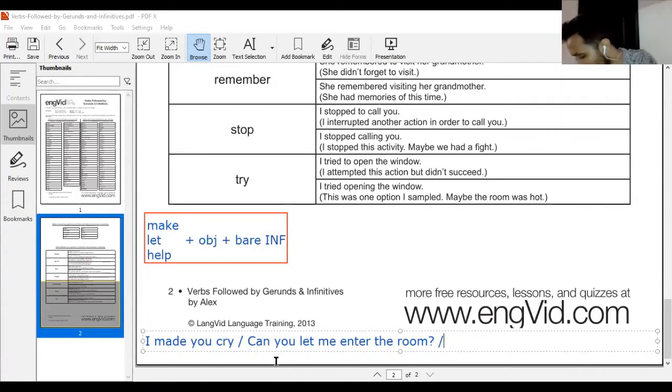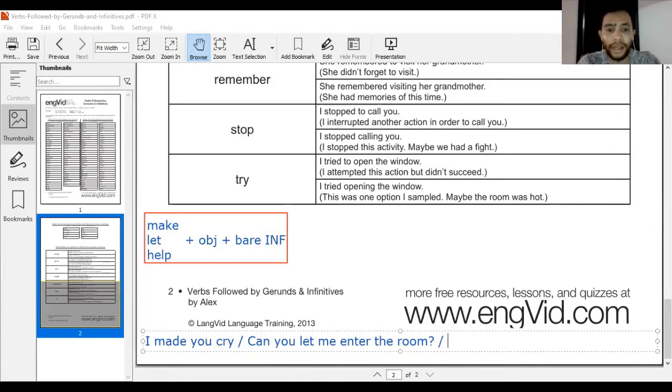What does it mean, guys? Can someone tell me what the meaning of can you let me enter the room is? Puedes dejarme entrar a la habitación. Exactly, right? And take a look at the pattern again. Let plus object, here it is, plus verb infinitive. Enter. No tenemos ni to ni ing, right?